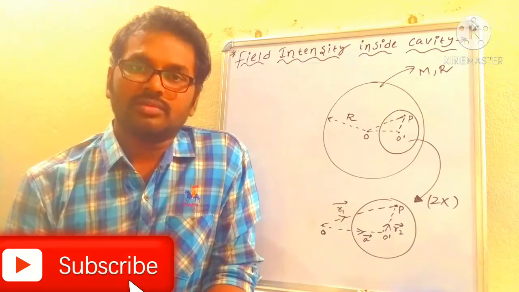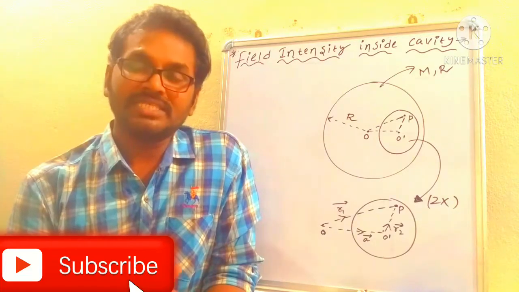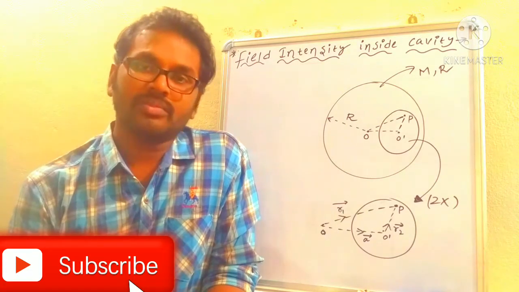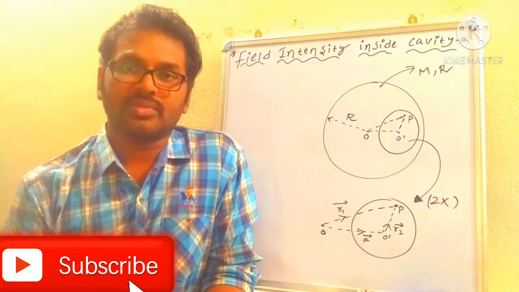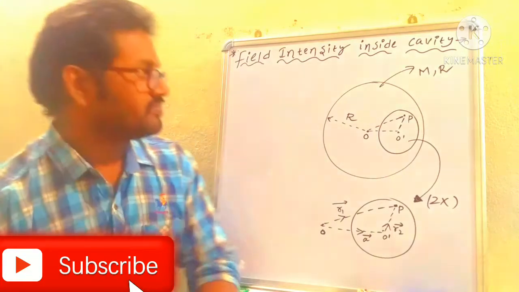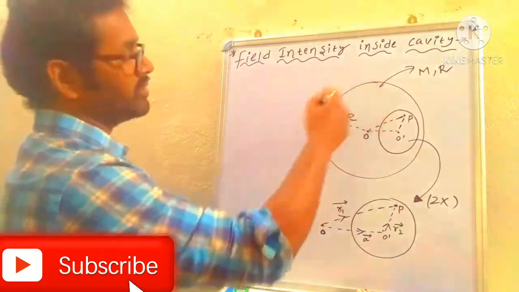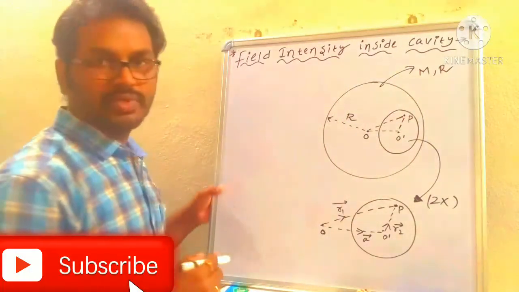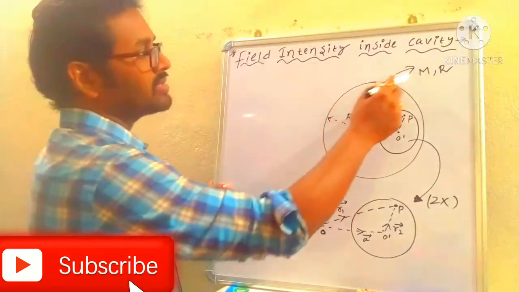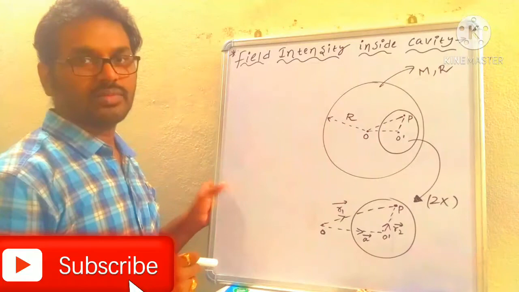So there we have got the material of mass M and the radius R. Here we have got a solid sphere of mass M and radius R.